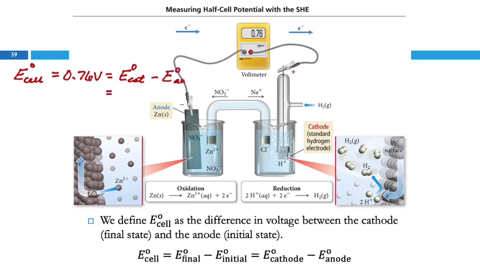And here the cathode is 0. And so we can calculate the potential of the anode, right? So the potential for that zinc reaction is negative 0.76 volts, because 0 minus negative 0.76 is what gives us the positive 0.76 that we see here.